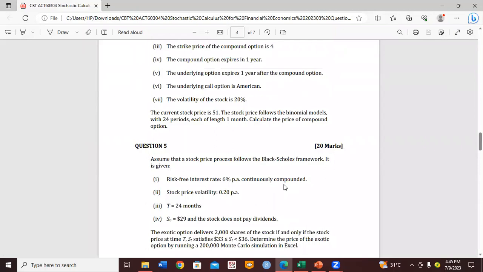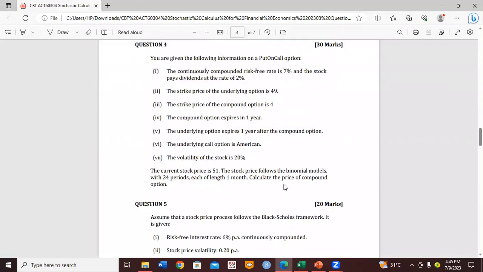Question 4 tells us that we are given a put on call option. The continuous risk-free rate is 7%. The stock pays a dividend of 2%. The strike price of the underlying option is 49. The strike price of the compound option is 4.